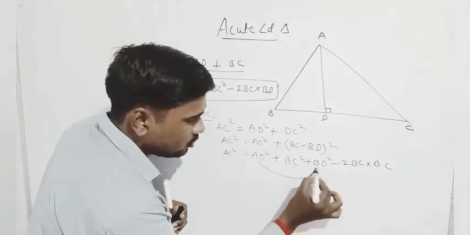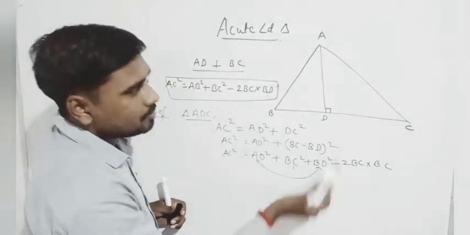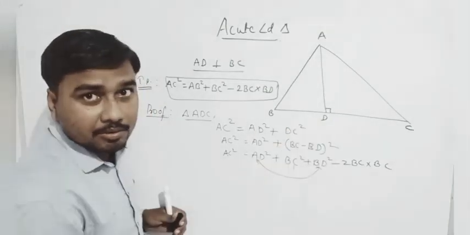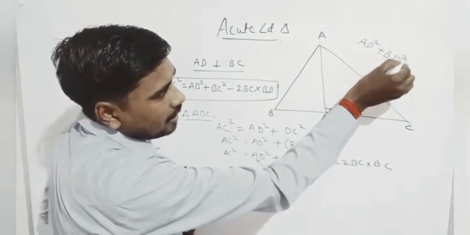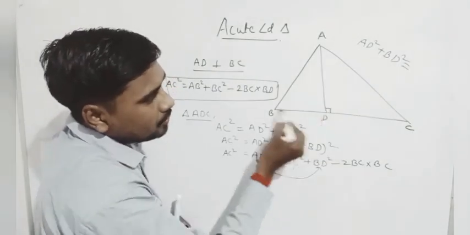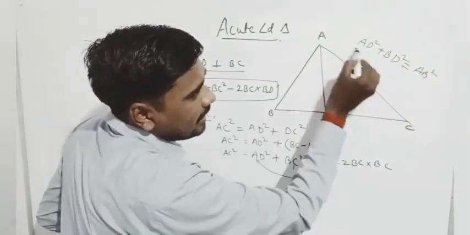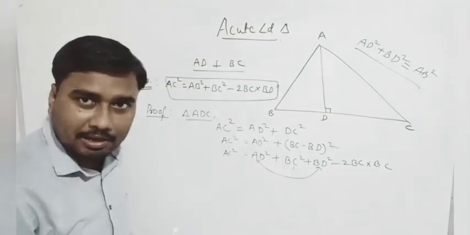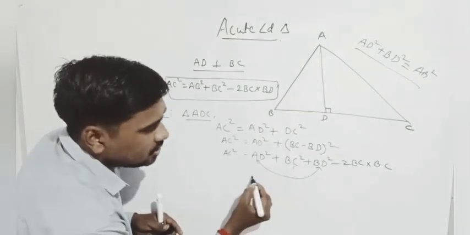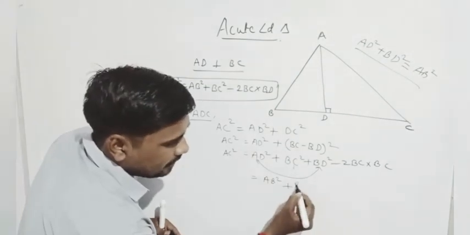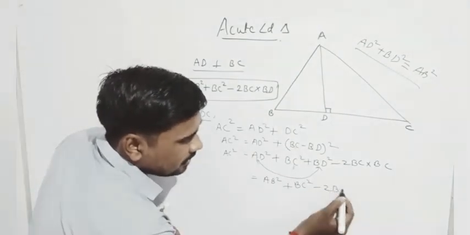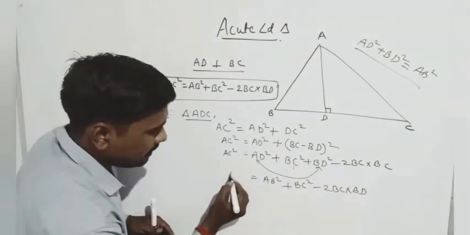Take these two parts: AD square plus BD square. AD square plus BD square is equal to AB square, as this is also a right angle triangle. So in place of these two you will write AB square, then BC square, then minus 2BC into BD.